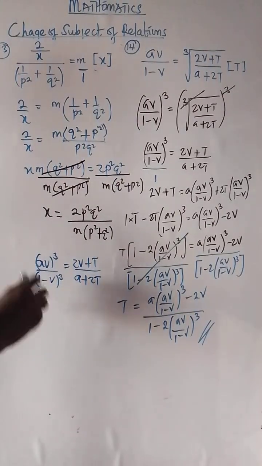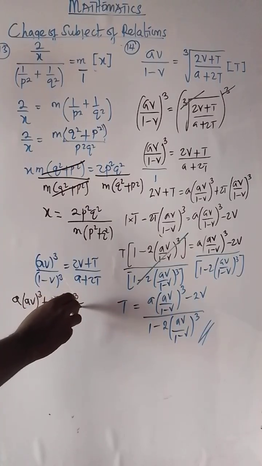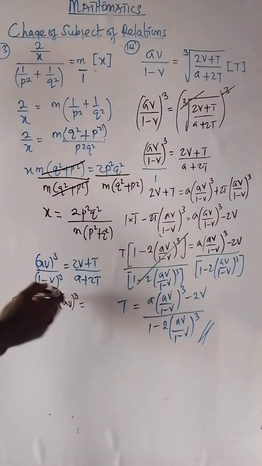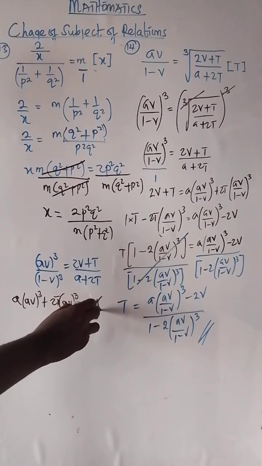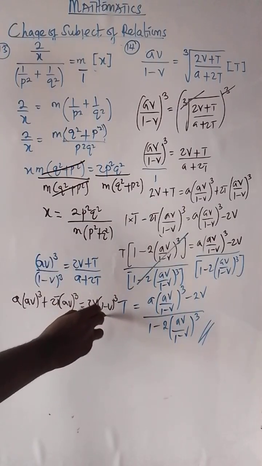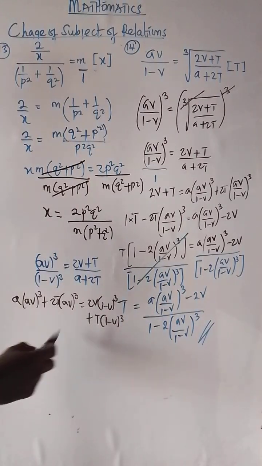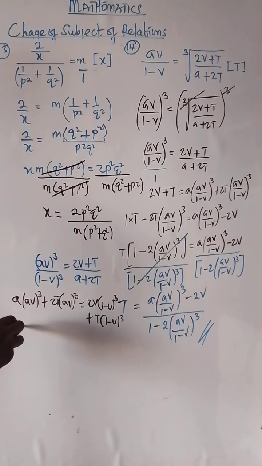Then 2t also multiplies it, so we'll be having 2t av cube equals to this 2v multiply this, we're having 2v into 1 minus v cube, then t multiply it, you're having plus t into 1 minus v cube. So we have t here, we have t here. So this one remains here. So we're having 2t av all cube.